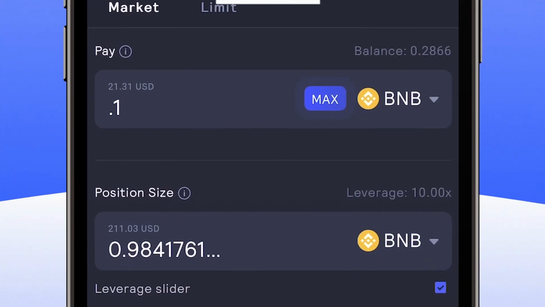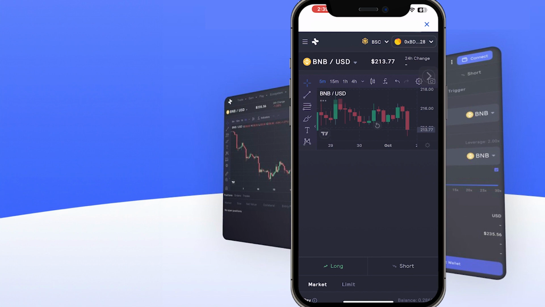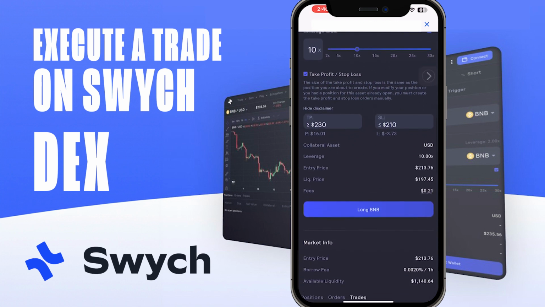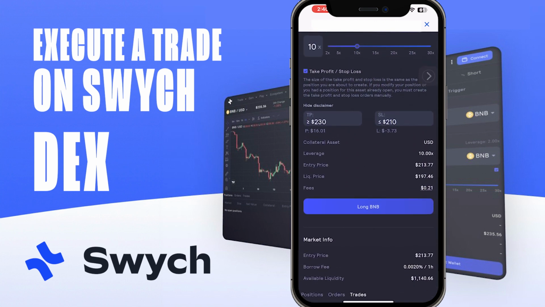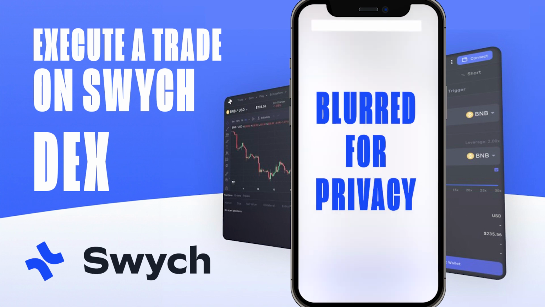I also executed a trade using my cell phone. I took a long on BNB 10x. At the time of the recording, BNB was around 213, and I did a long on BNB at around 213.77 10x. I just used $21 really just to test it. It went through flawlessly.